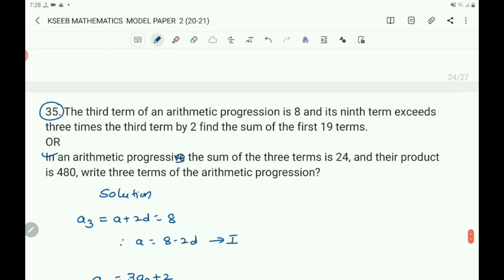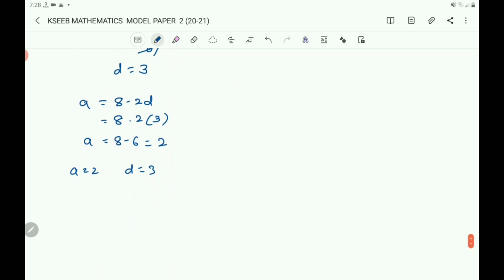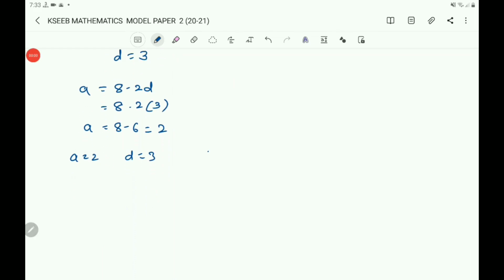The question here is what you have to find out. Find the sum of the first 19 terms. So you write: a equals 2, d equals 3, and we have to find the sum of the first 19 terms. So n equals 19 and S equals question mark. Write the formula for S. That is S equals n by 2 into (2a plus (n minus 1) into d).